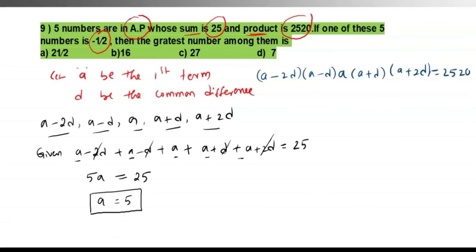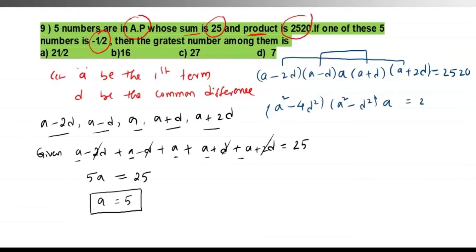If you observe, it is the a minus b into a plus b form, so it is a square minus b square. The same way, these two terms, a minus 2d into a plus 2d, a square minus b square concept, and we have a there, that is equal to 2520.